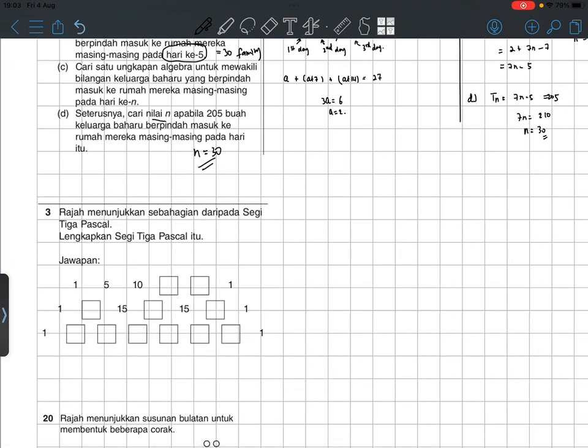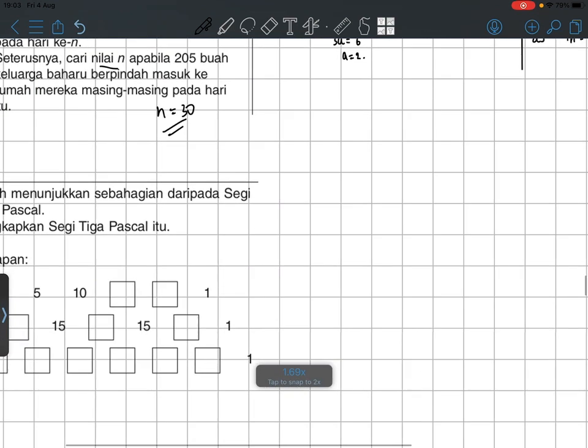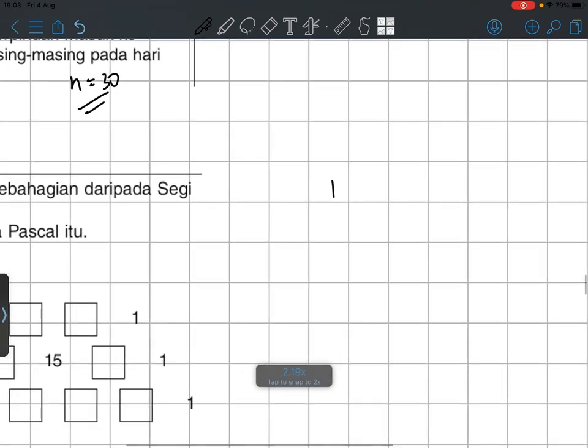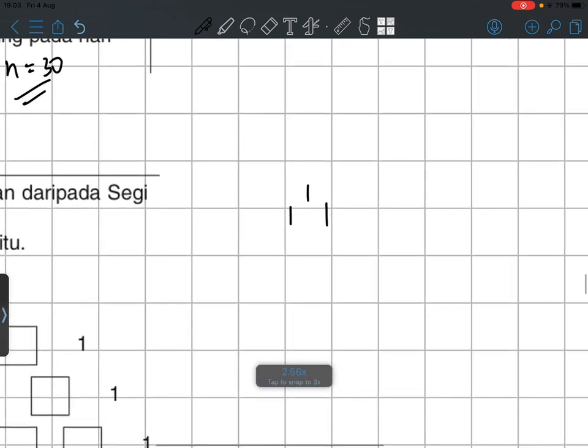So question 3, this is actually Pascal's triangle, so we need to complete the Pascal's triangle. Let me start from the top. At the top is 1, then we have 1 on the left and 1 here, and then we need to add.